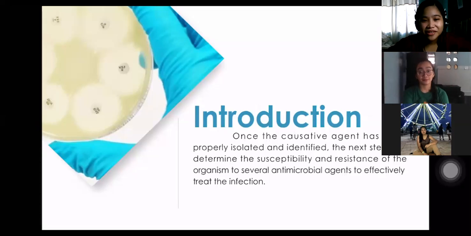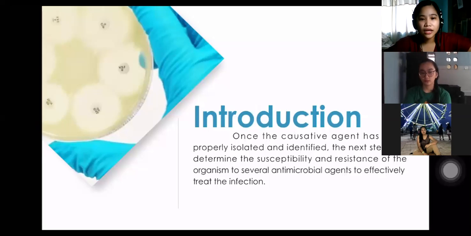Okay, so once the causative agent has been properly isolated and identified, as what I have said, the previous lessons that we have are the methods of identification of our microorganisms. Diba, we have those non-enteric gastrointestinal pathogen methods. We have those non-fermentative, gram-negative cocci, gram-positive bacilli.